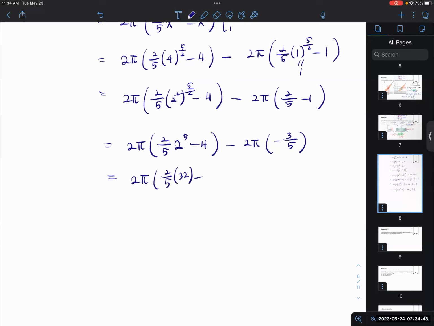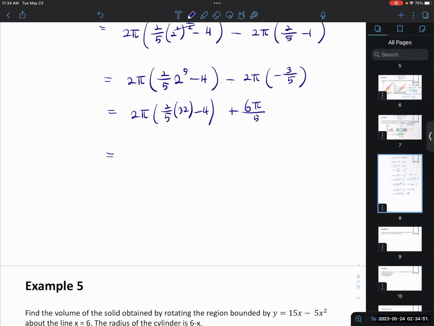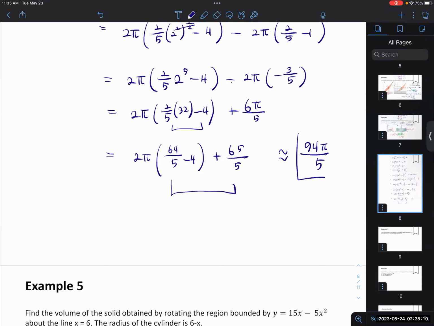Times 32 minus 4, negative negative changes to positive. If you calculate it, this is 64/5 minus 4 plus 6/5. Finding the common denominator, you have everything, or you can change it to the decimal. So this is 94π/5, and you can change it to the decimal if you need.